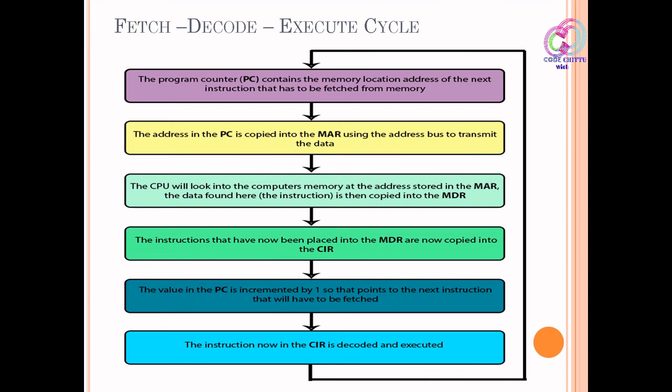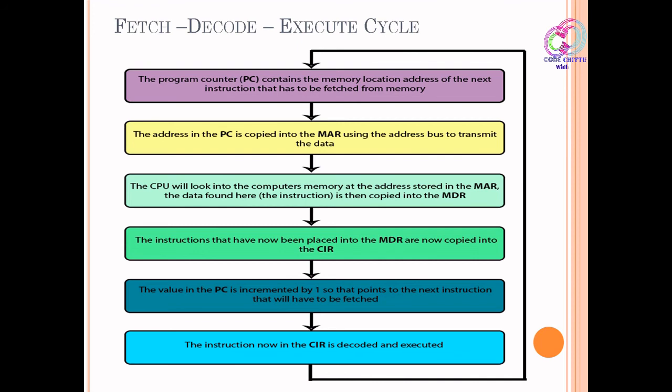From the MAR it goes through the address bus to the RAM, which looks for its equivalent instruction. That instruction or data is transferred through the data bus and stored into the MDR, and from the MDR it is transferred to the CIR, which is present in the control unit.